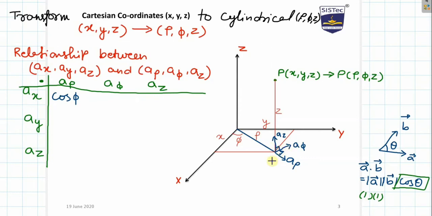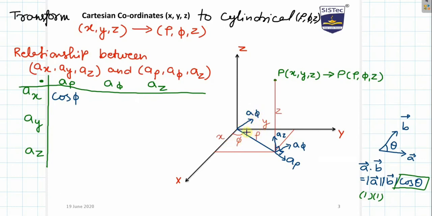Now see, what will be the angle between the x vector and the phi vector? This is your x vector, ax in the direction of the x-axis, and this one is the phi vector. If I shift this a phi here, this one is your a phi.